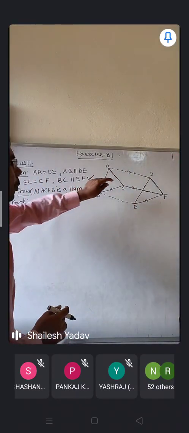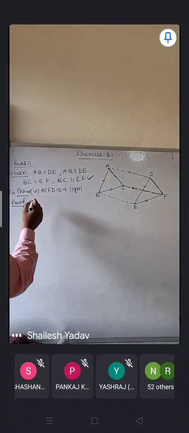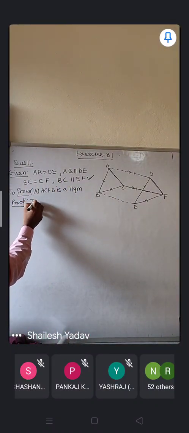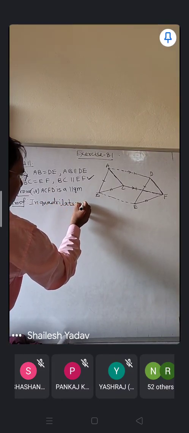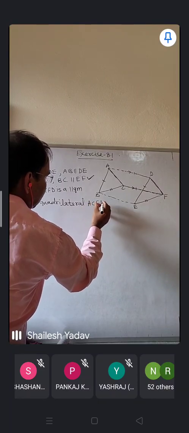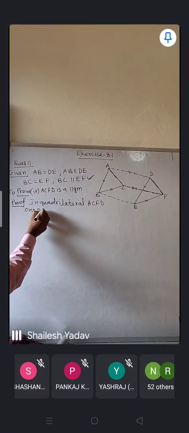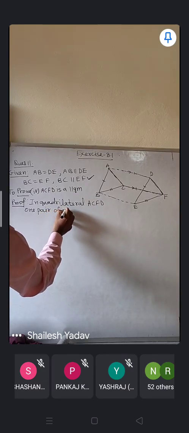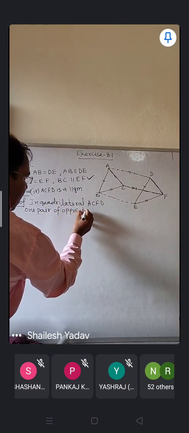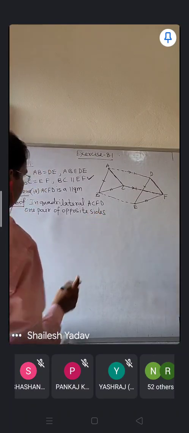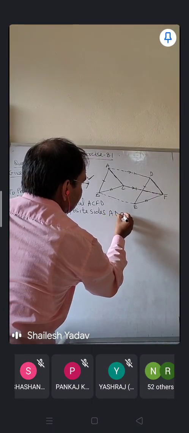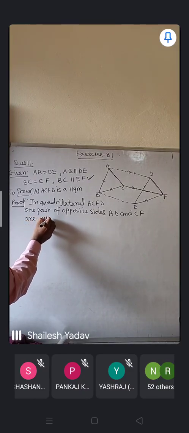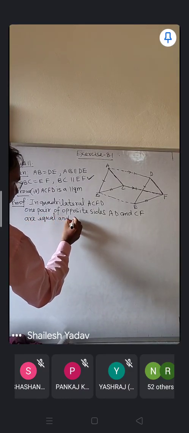So here you will write, in quadrilateral ACFD, one pair of opposite sides, that we had proved AD and CF, are equal and parallel.